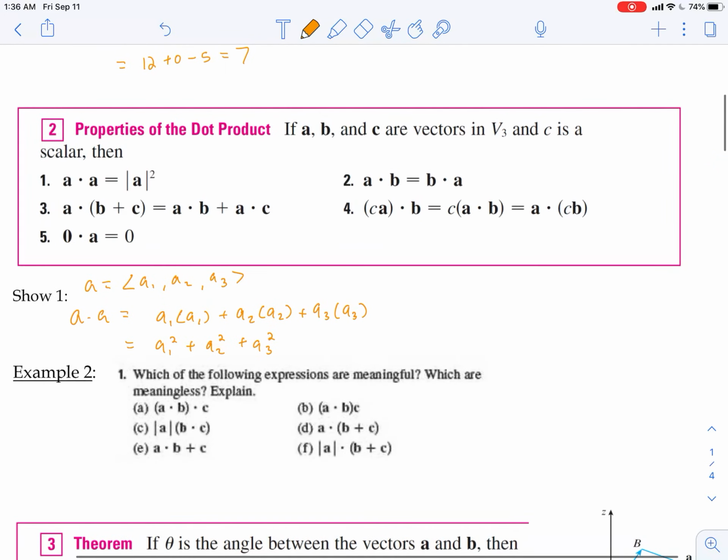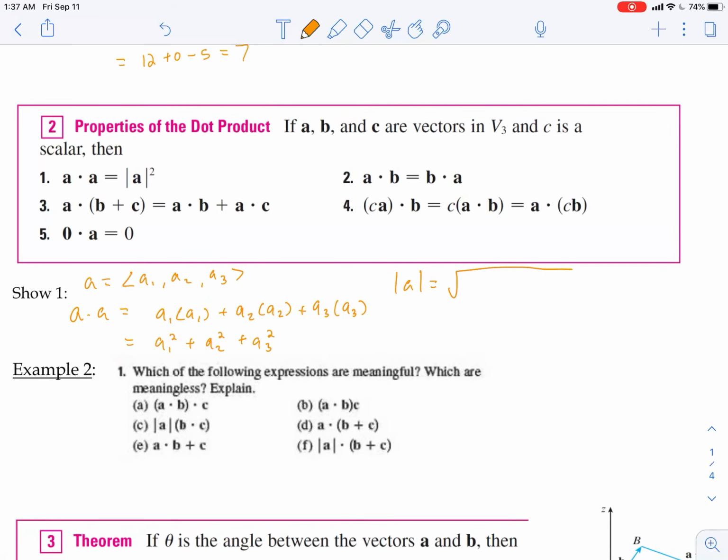Well, if I just did the magnitude of A, that's the square root of the sum of all of our components squared. So A sub 1 squared plus A sub 2 squared plus A sub 3 squared.